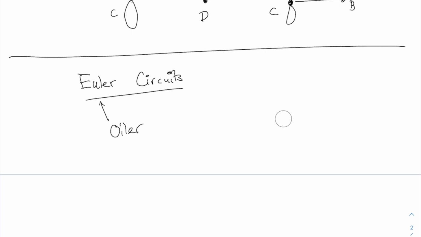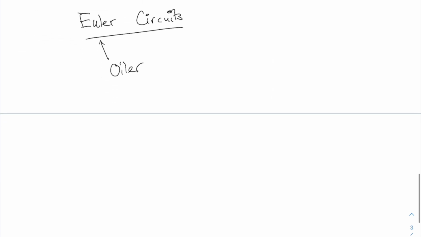Anyway, Euler circuits. Euler is one of the greats of the 1700s European mathematicians. Euler is probably at the top of the list of European mathematicians of all time. Euler did a lot of very basic stuff in calculus, but he also did tons of other stuff.